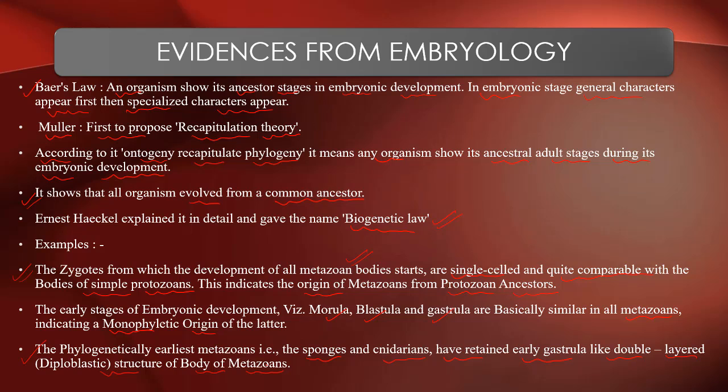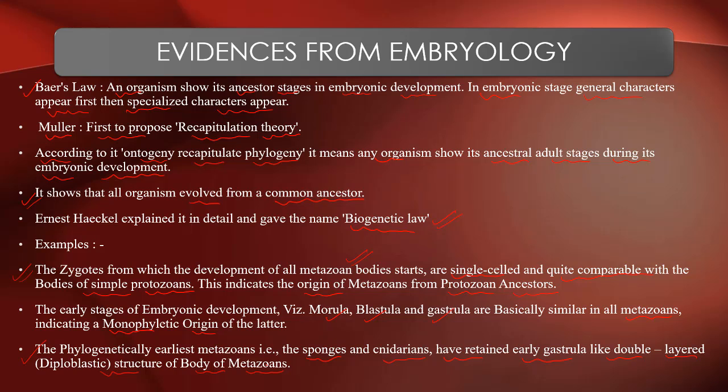When we consider the migration of blastogenic cells to form ectoderm, mesoderm, and endoderm, you learn about the formation of epiblast and hypoblast and amniogenic cells in the reproduction chapter.